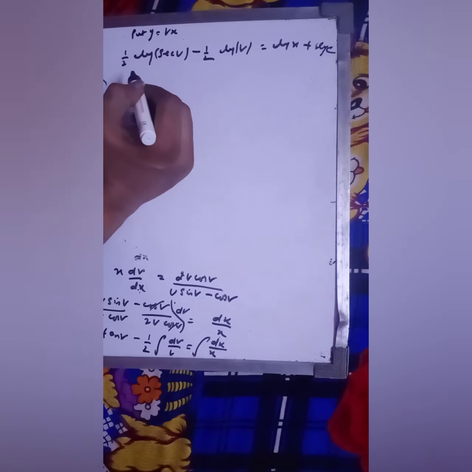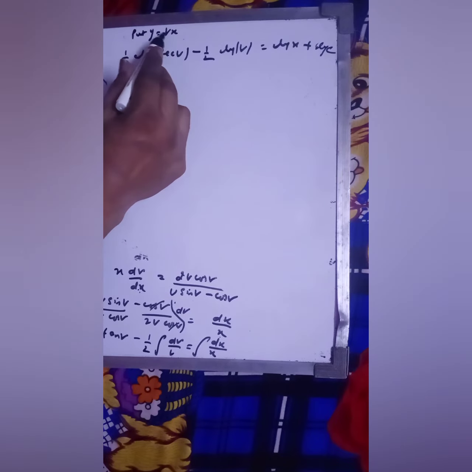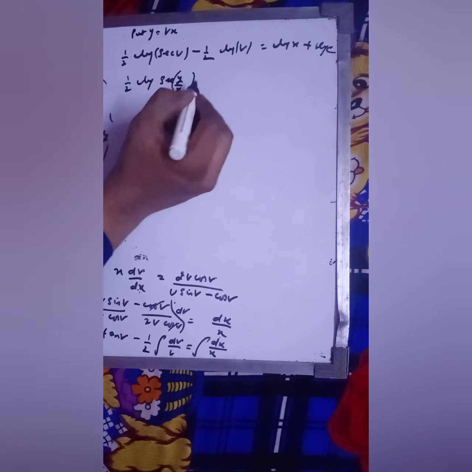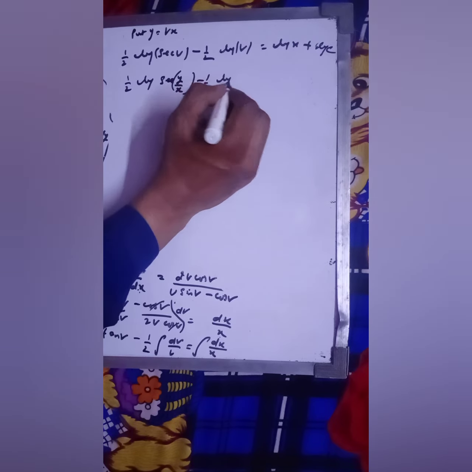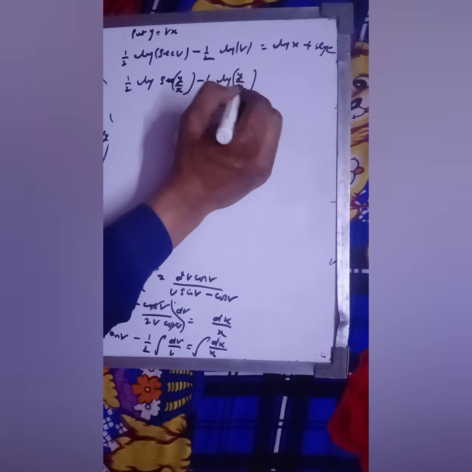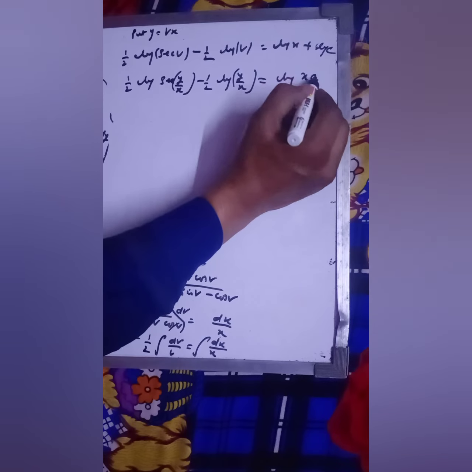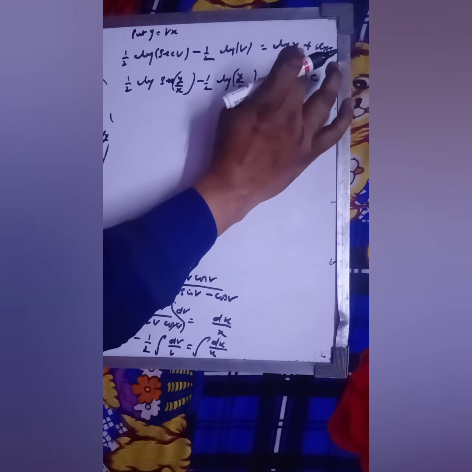Okay, so now we just have to replace v by y by x. So this will be sec y by x minus half log y by x, that is equals to log x into c, because they both are adding.